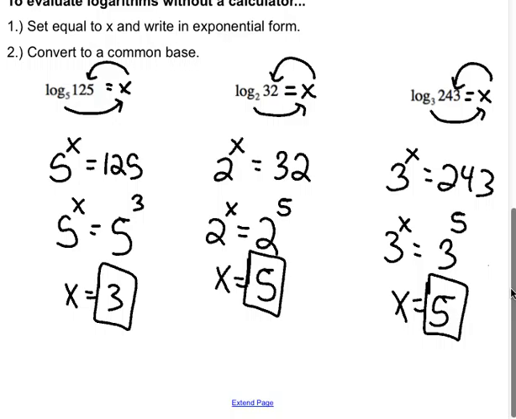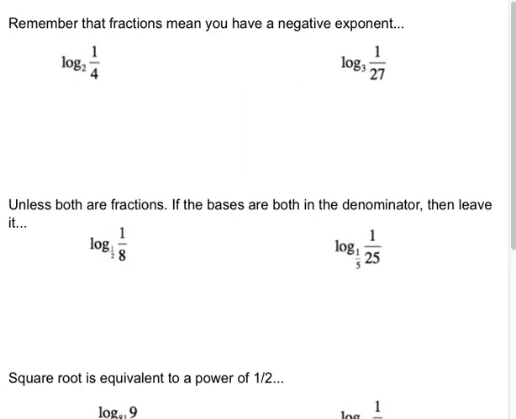So those are the most basic examples. Those I think you can probably do pretty easily once you realize what you're doing. Now, the real meat of this comes in when you start getting things like this. So, same idea. If you're evaluating a logarithm, what you're looking for is 2 to what power gives me that 1/4.